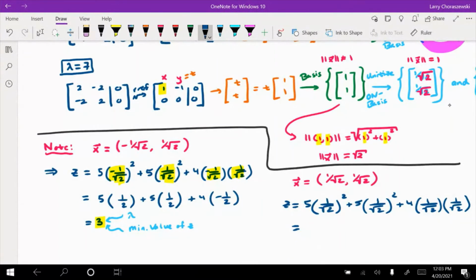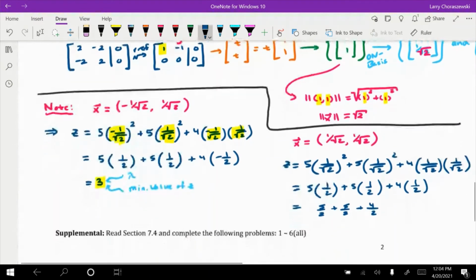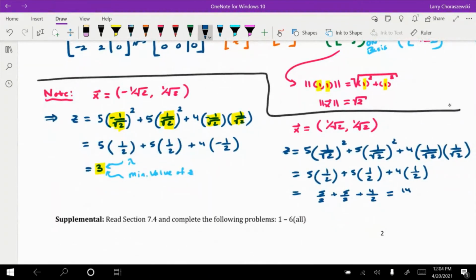All right, let's verify that. So it'll be 5 times 1/2 plus 5 times 1/2 plus 4 times positive 1/2. So that's 5 over 2 plus 5 over 2 plus 4 over 2. That's 14 over 2, which gives us 7.